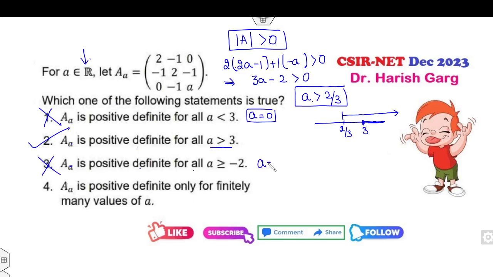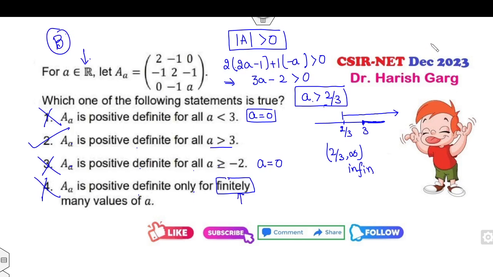Again wrong. If you choose a equal to 0, it is not satisfied here. A is positive definite only for finitely many values. That's wrong, because the interval is infinite, so it has infinitely many values, but he said finitely many. So the right answer is B.